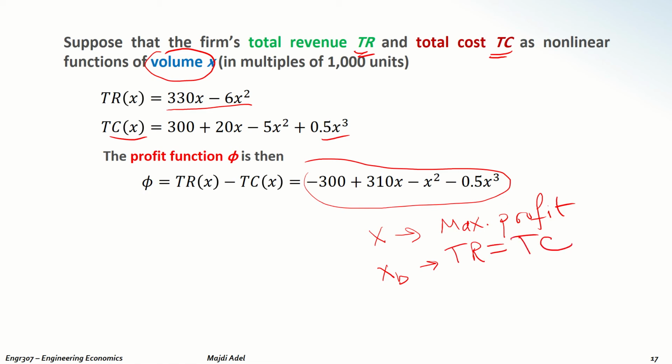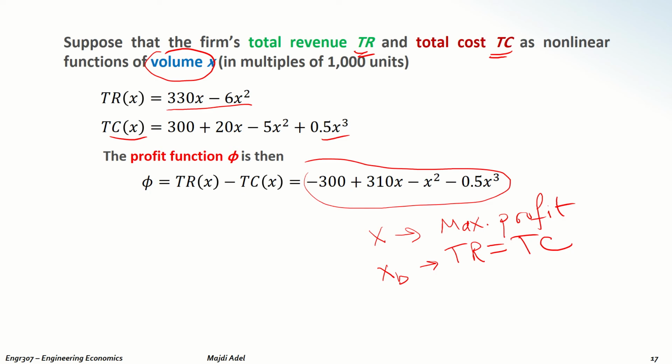Those are the two basic things any company should know about its business. You must know the volume index that achieves the maximum profit, and the volume index where it makes no profit. The profit is zero, or total revenue equals total cost.